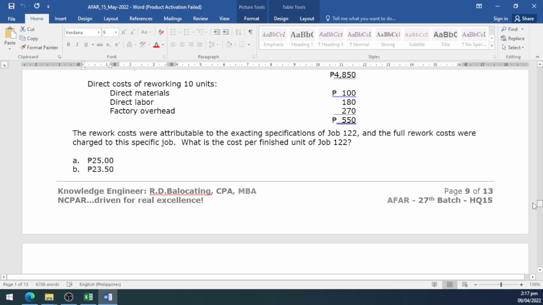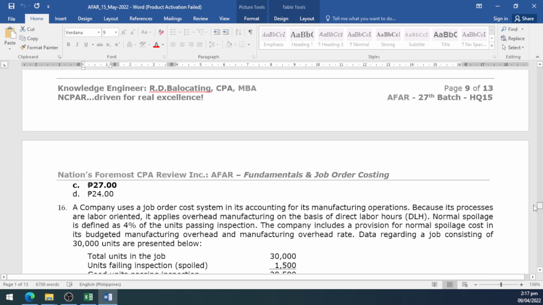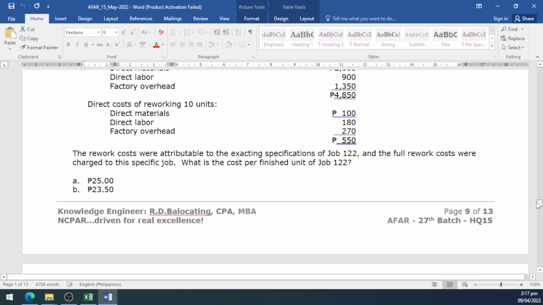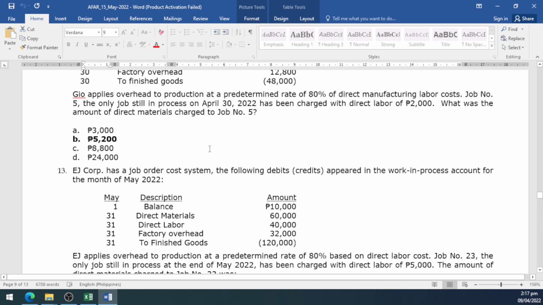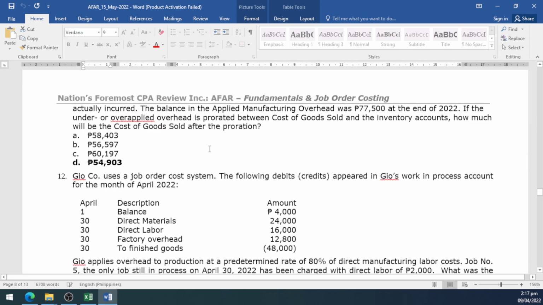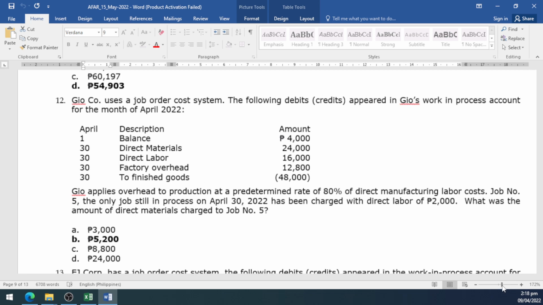Ito, may sagot na to, class, actually, you know. If you will be needing this, you can obtain from this stuff. But just to illustrate how is the analysis ng ating job cost, ano? Look at this. We will use this number 12, multiple choice, number 12.